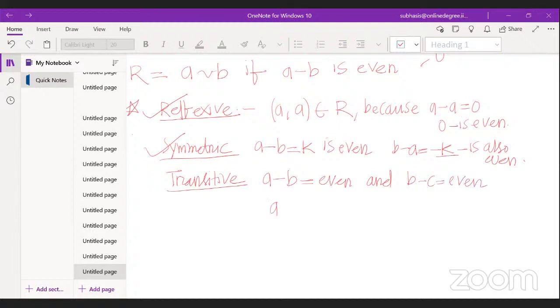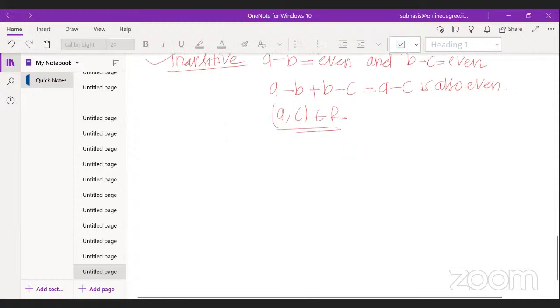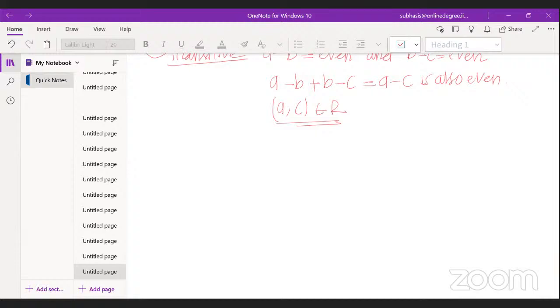Then if you add A minus B plus B minus C, then A minus C is also even, right? So then (A, C) is also in R. So this is transitive. So now this is an equivalence relation.